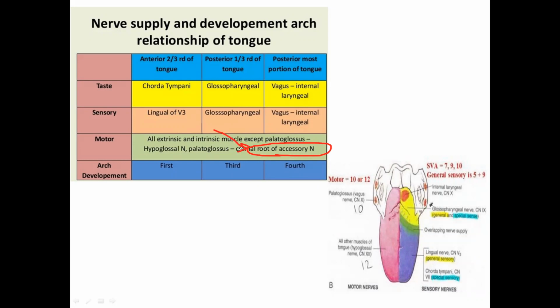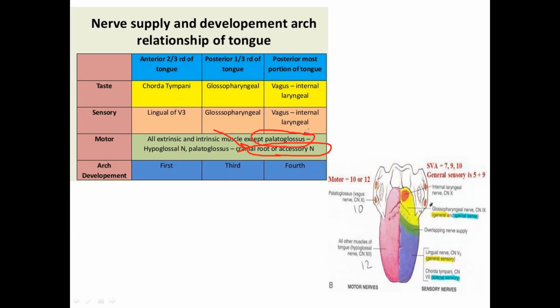Styloglossus, hyoglossus, and genioglossus are all supplied by the accessory cranial nerve. Except the palatoglossus.